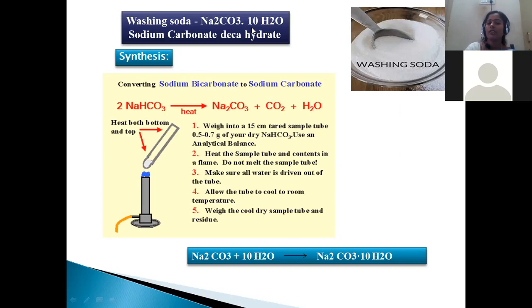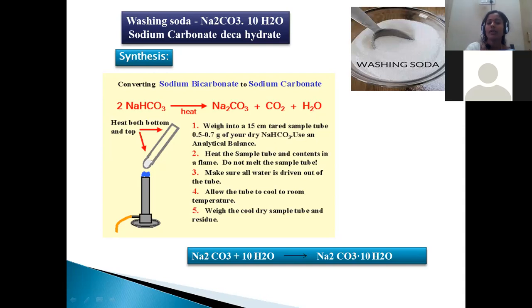Washing soda is sodium carbonate decahydrate. Now what we have to do is hydrate it by the addition of 10 moles of water. Whenever sodium carbonate is added with 10 moles of water molecules, sodium carbonate decahydrate will be formed. This is about the process of synthesis for this washing soda.